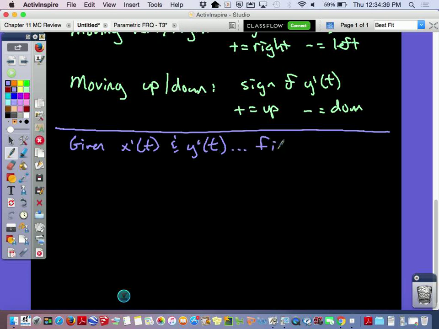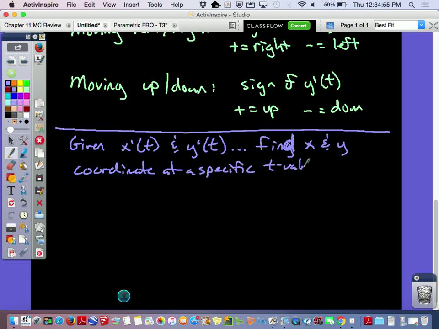Given that, find the x and y coordinate at a specific t value. If you have a problem like this, you are not going to be given equations for x and y, only the derivatives. So let's do a quick example.